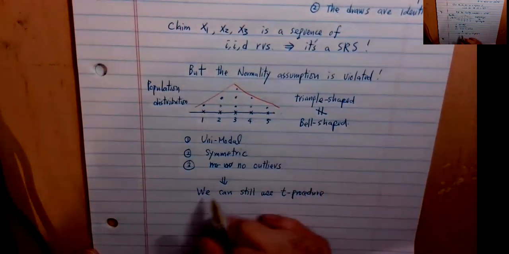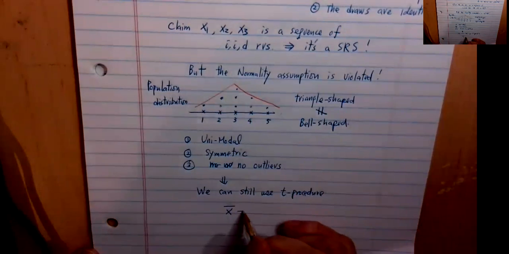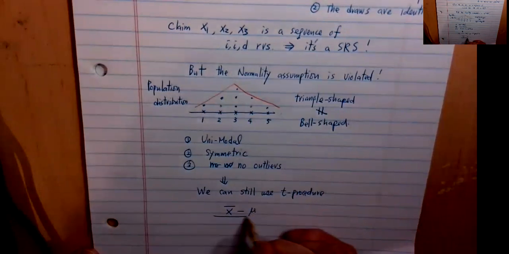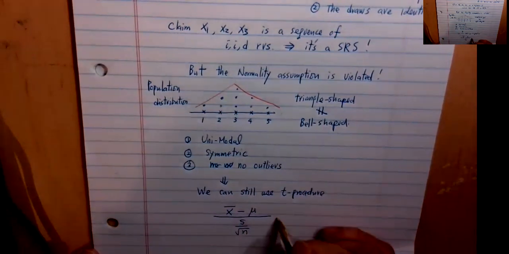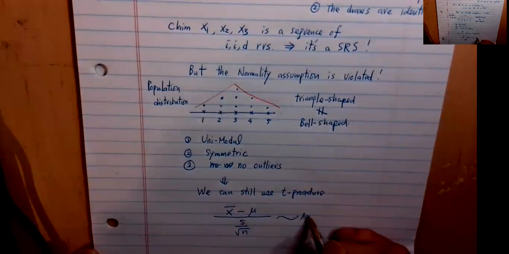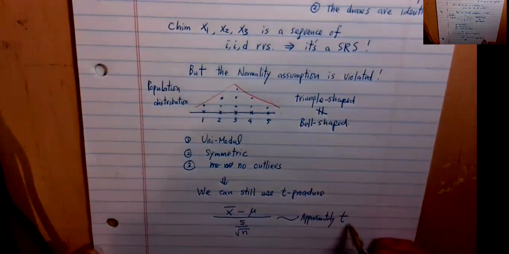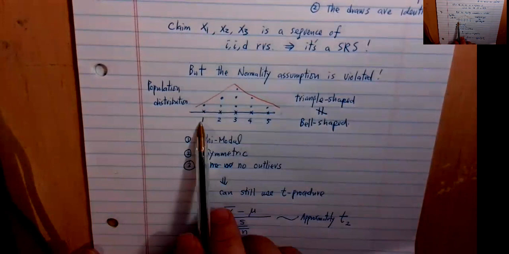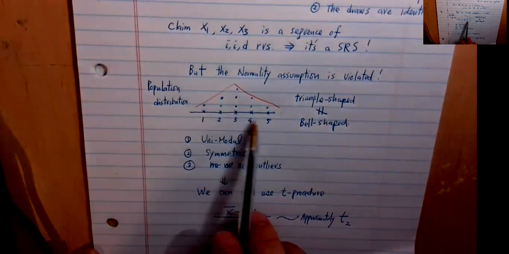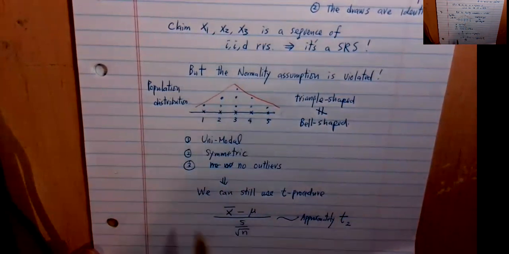And that means you take out the sample, right? X bar minus mu divided by sample standard deviation over square root n still follows approximately t with 2 degrees of freedom. So even though this picture shows the population distribution is not normal, we can still use the t procedure.